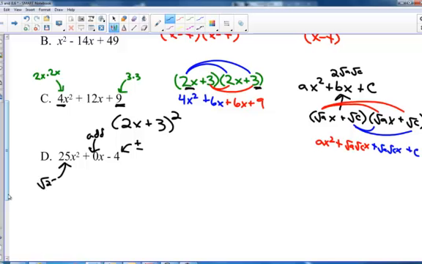This square root is going here. This minus means you have 1 plus and 1 negative. And this square root is going there. This is called the difference of squares.